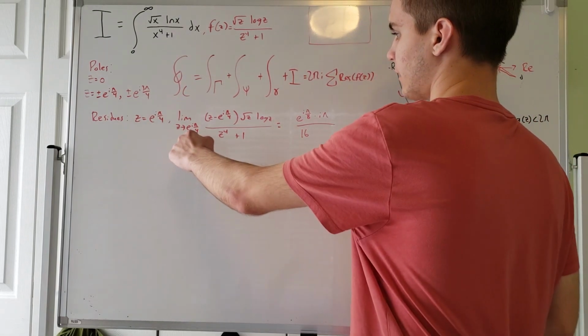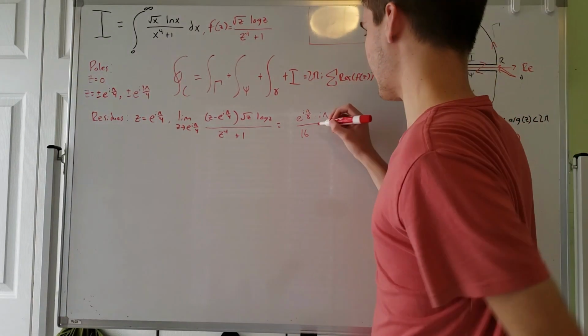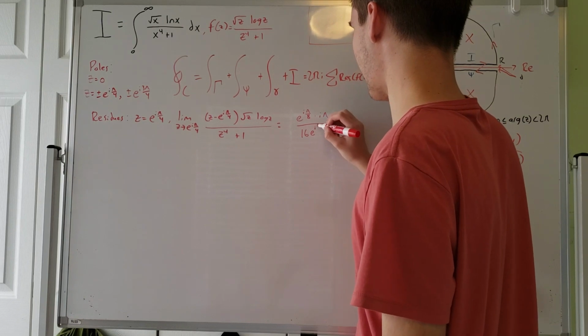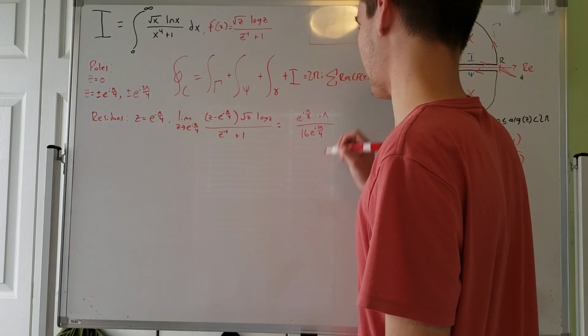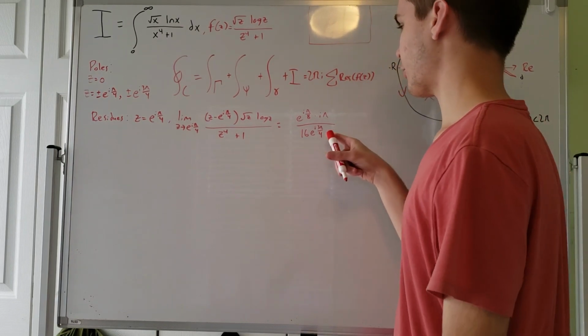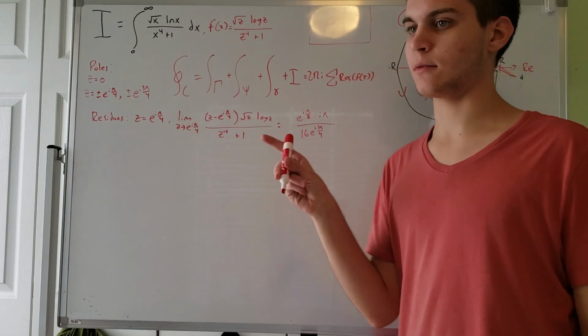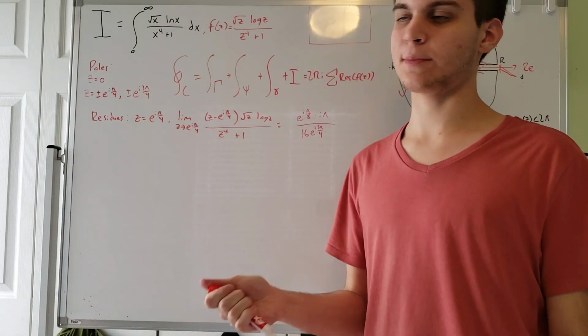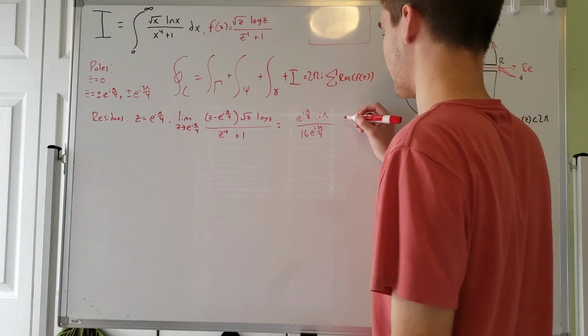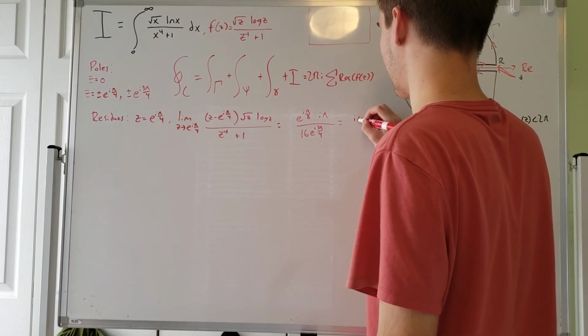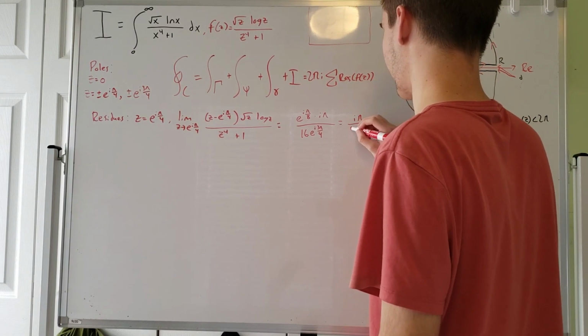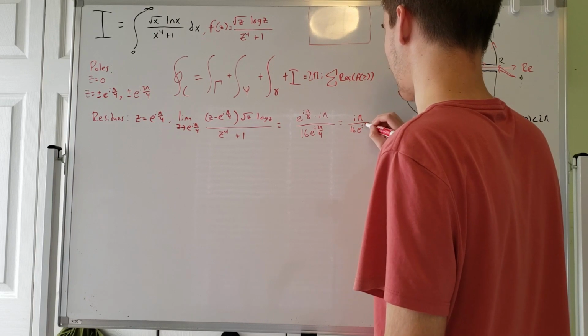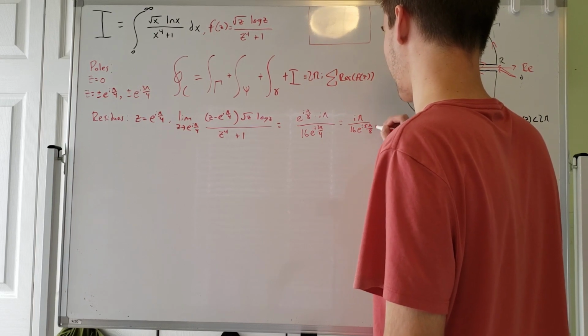When we plug in the pole for z, we get e to the i 3 pi over 4. Now 3 pi over 4 is 6 pi over 8, which can help us cancel the stuff on the top. So at the end, we get i pi over 16 e to the i 5 pi over 8.